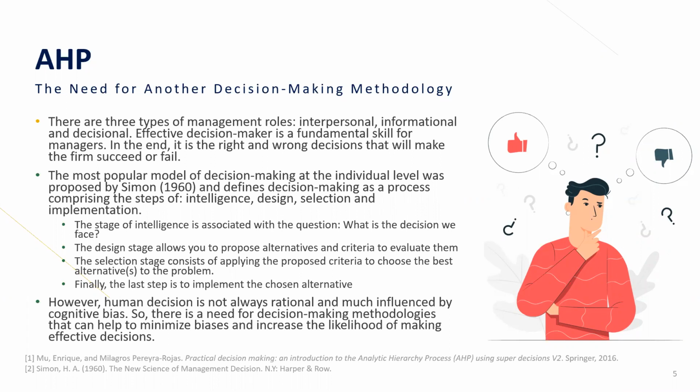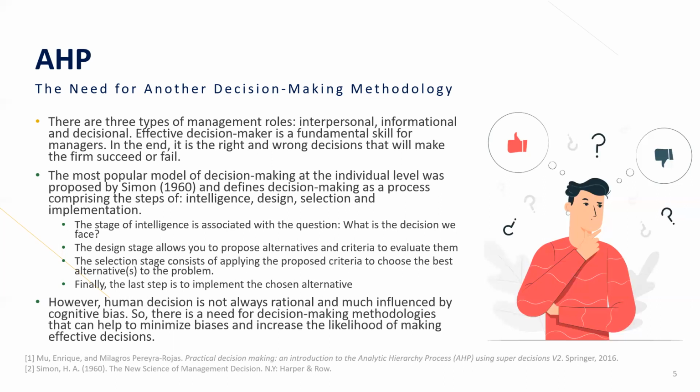So there is a bias that might relate to each decision maker. So when you say this decision is rational and objective, you cannot say that again, since the decision maker itself will have their own personal bias.